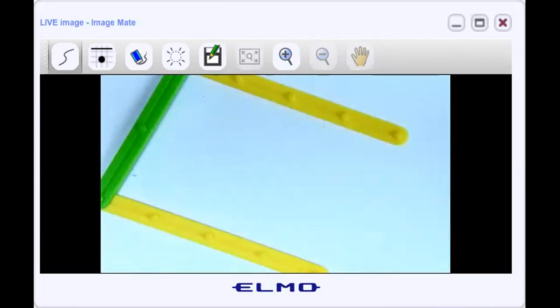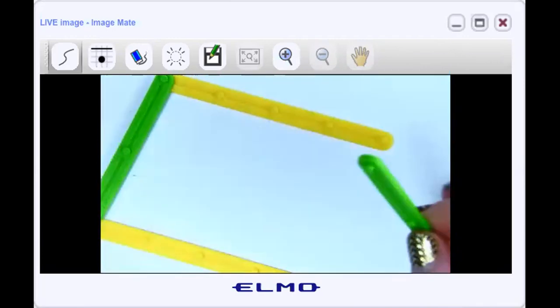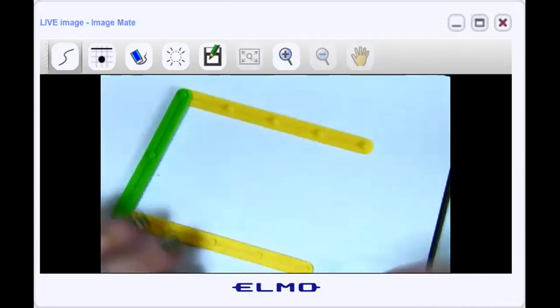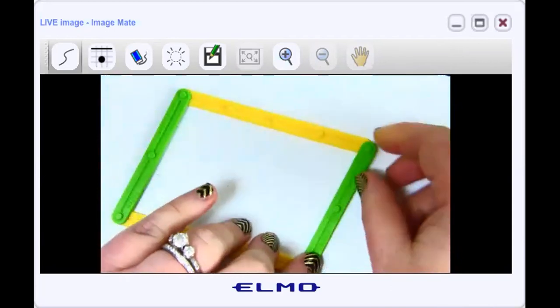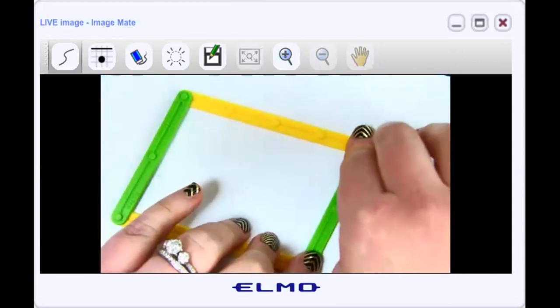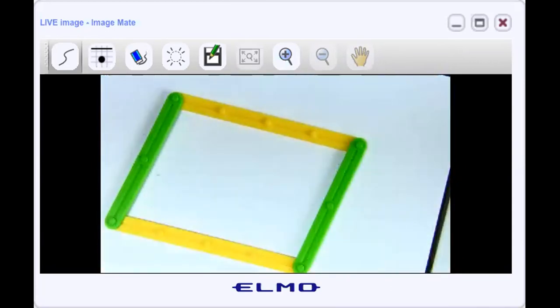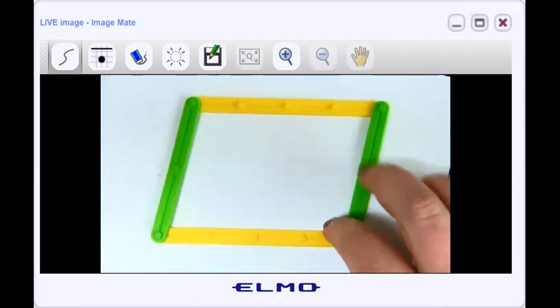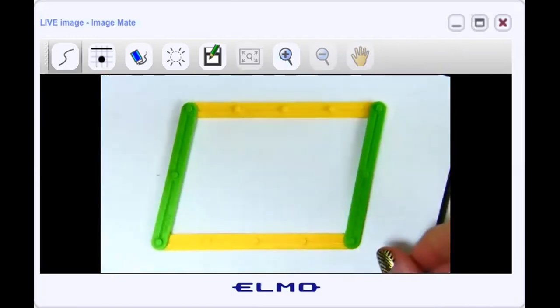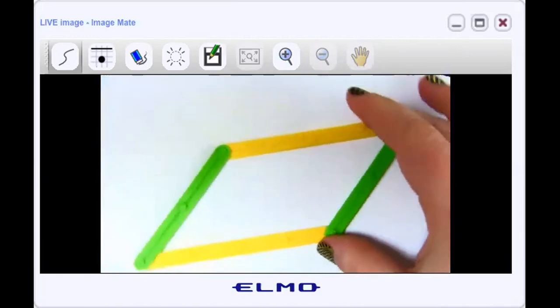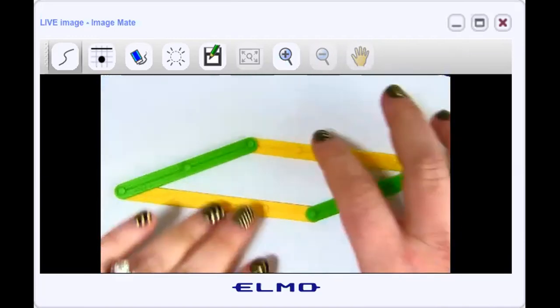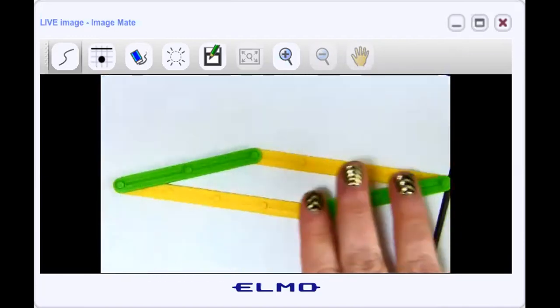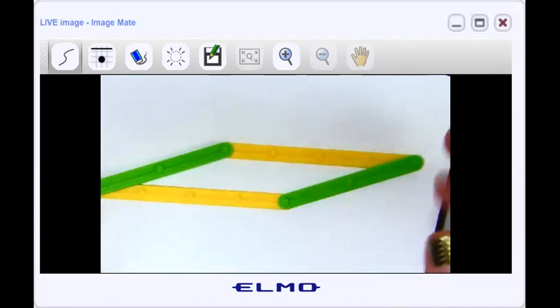And it turns out that the only way for me to actually be able to create a parallelogram is if I actually have both pairs of opposite sides not only parallel, but they're going to have to be equal to each other. So now this shape here is a parallelogram. Check that out. And look, these are so cool because I can just change them like this. This is still a parallelogram, right? I still have 2 pairs of opposite sides that are parallel.